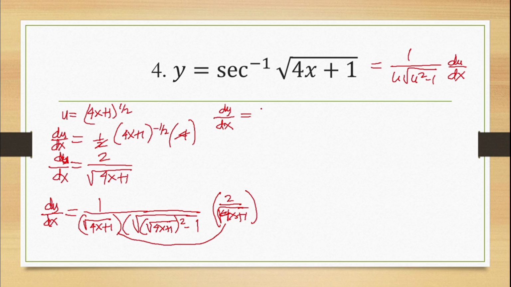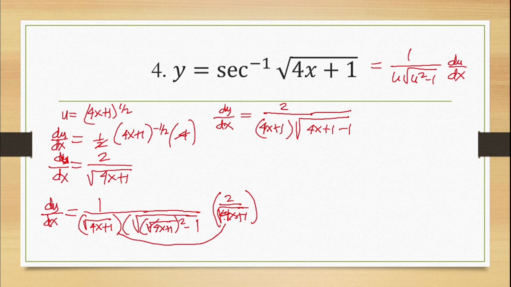So this is multiplication. So 2 over 4x plus 1 here, because square root times square root, 1 half plus 1 half is equal to 1. So therefore 4x plus 1, and we have to simplify the inner part. The square root squared will become 4x plus 1 minus 1.